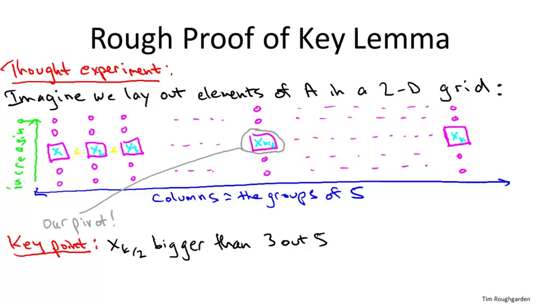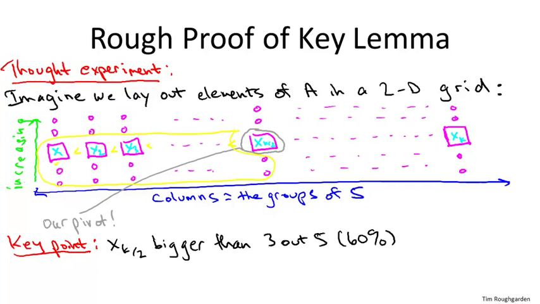That's because it's the median of the medians. So if we just go straight west from the pivot, we only see stuff which is less. Furthermore, these columns are arranged from decreasing to increasing order as we go from bottom to top. So if we travel south from any of these smaller x_i's, we only see stuff which is still smaller. So all we're using here is transitivity of the less than relation.